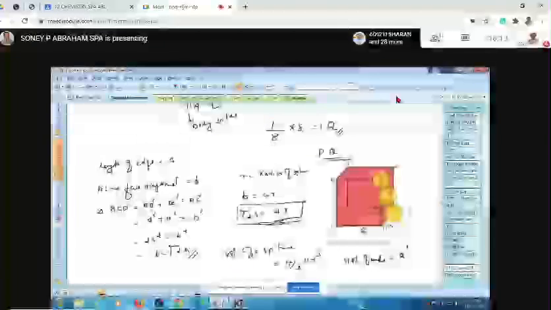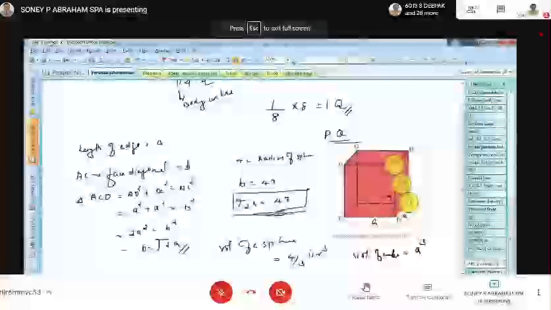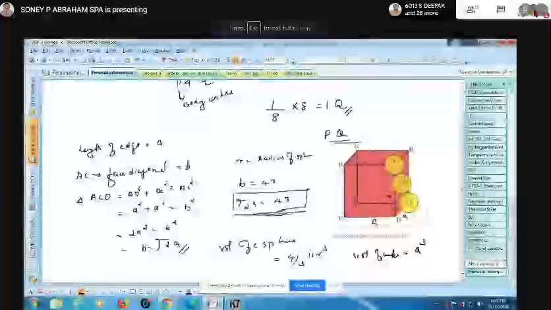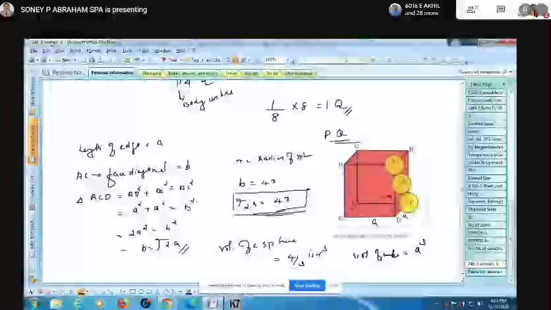So, out of the total volume, 4 atoms are occupying a volume equal to 4 into 4 by 3 pi r cube divided by a cube, into 100, which will give you the packing efficiency.